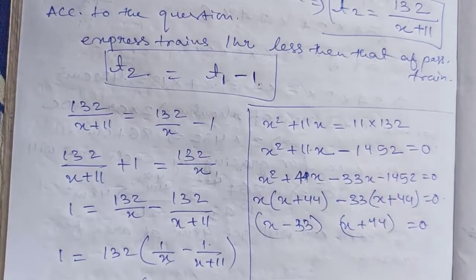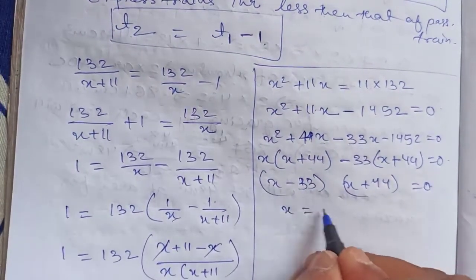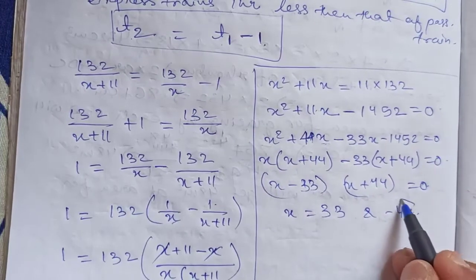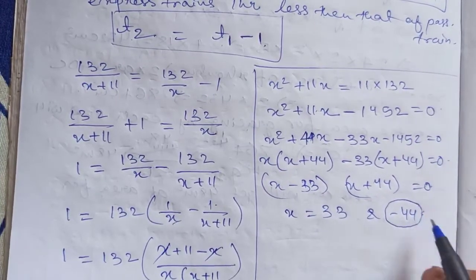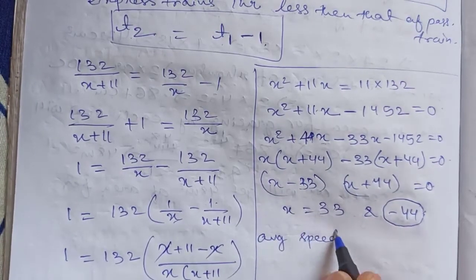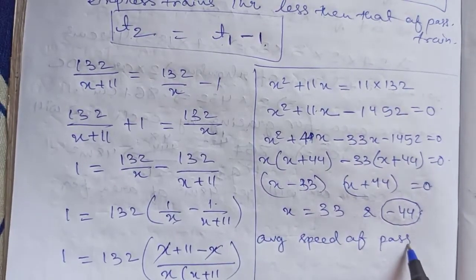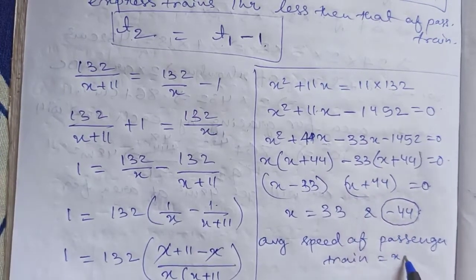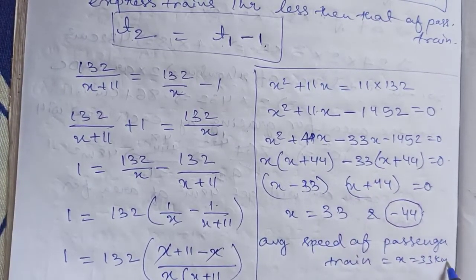That means the two values of x are 33 and minus 44. So we are never taking negative sign for the speed of the train. That means the average speed of passenger train is x equals to 33 km per hour.